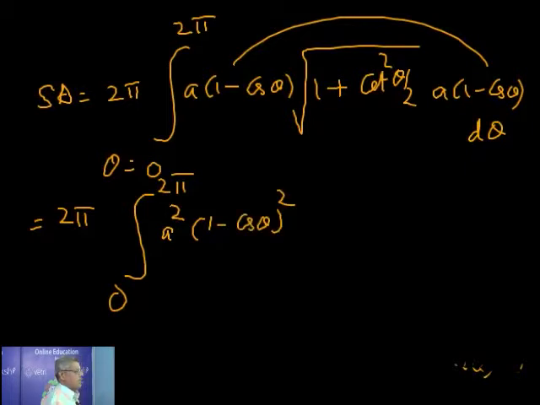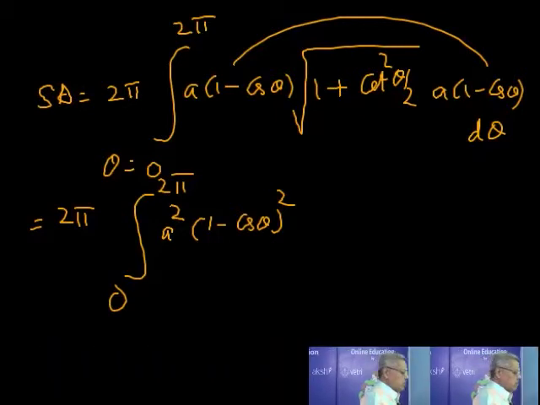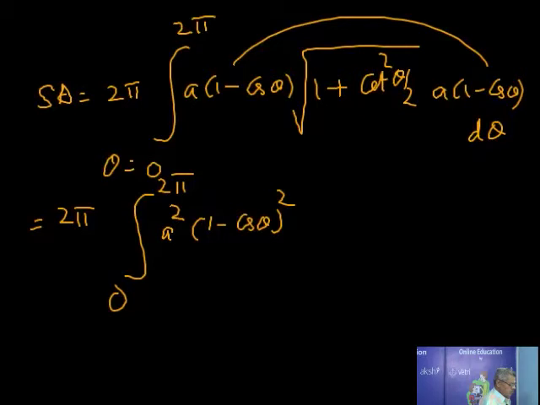You know cosecant square theta minus cot square theta is 1. Therefore 1 plus cot square theta is cosecant square theta. Since we have theta by 2 here, we write cosecant square theta by 2, and taking the square root, you get cosecant theta by 2 d theta.